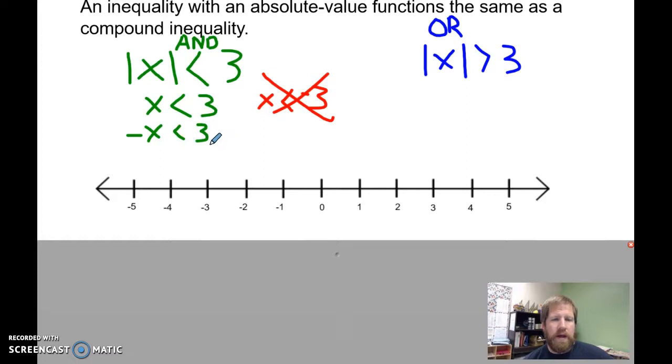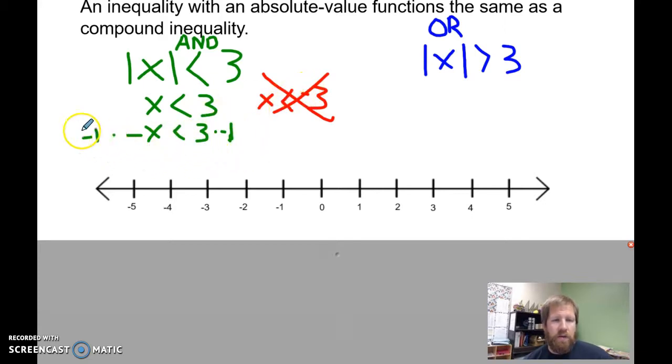And with an equation, this is the same. If this is an equal sign, negative x equals 3 and x equals negative 3 is the same, because we only need to multiply both sides by negative 1, and that will change it into the other form.